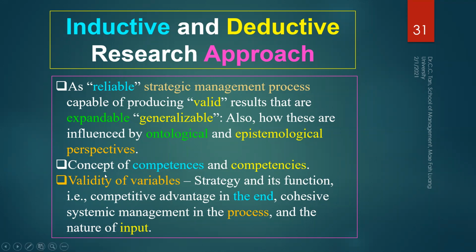For example, the nature of the input, the resources. Do we have very unique resources? From the resource-based view, resources have certain characteristics and attributes, some unique things that allow the resources to have certain advantages over the competitors.